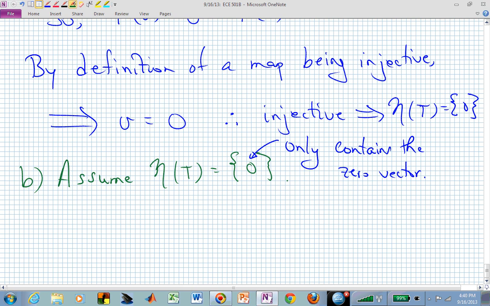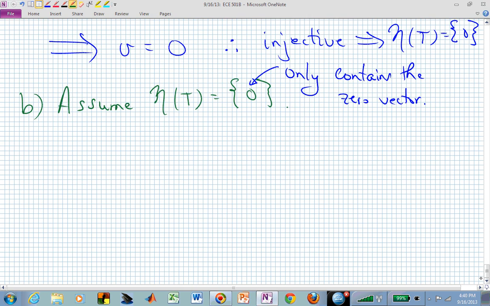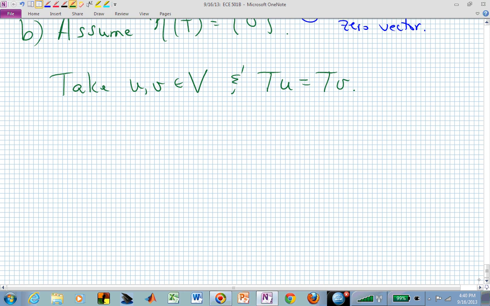Now let's take a couple of vectors. So now let's take U and V, both in V, in the domain. And let's assume that TU is equal to TV. So let's assume that they map to the same location in our codomain.